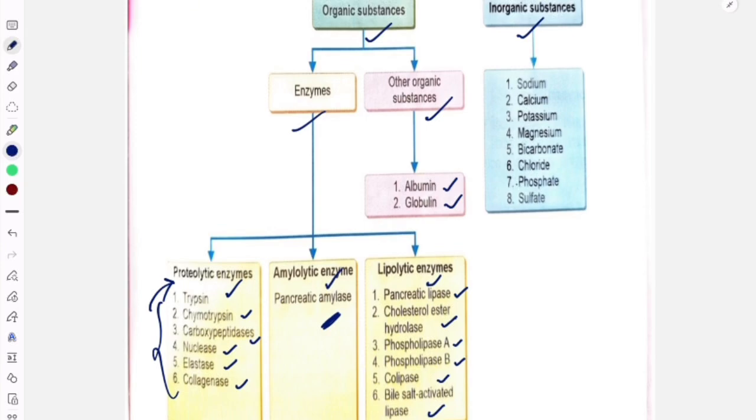Now, the other organic substances we have already discussed are albumin and globulin. Albumin plays a very important role in the transport of substances, hormones, lipoproteins, cholesterol, etc. And globulin acts as defense and mainly promotes the immune response.